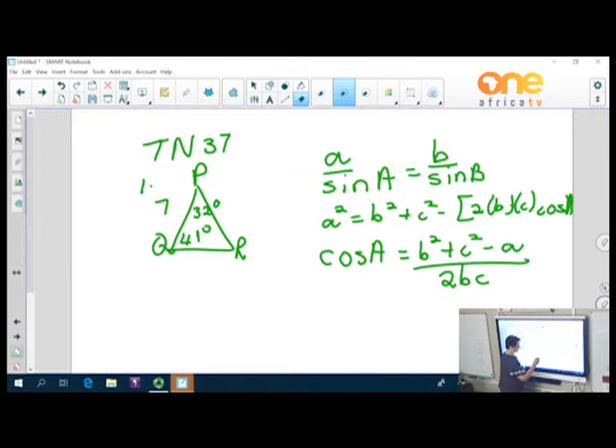And then we also did the area formula, which is a half BC sine A. And now I'll have to think every time which one of these formulas is the one that I'm going to use. Which one do I choose?